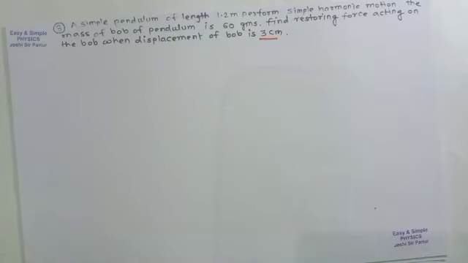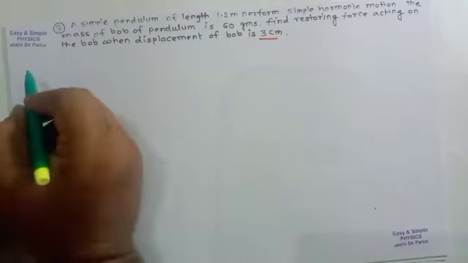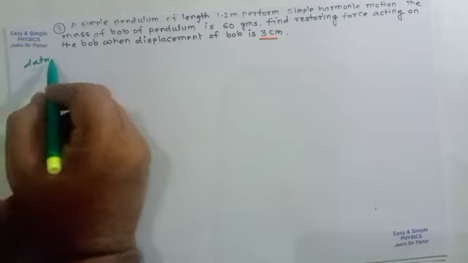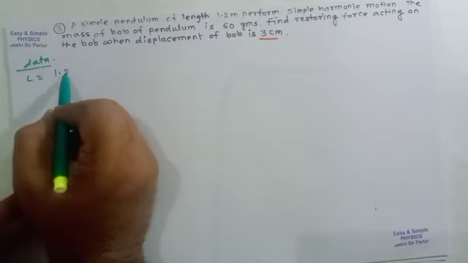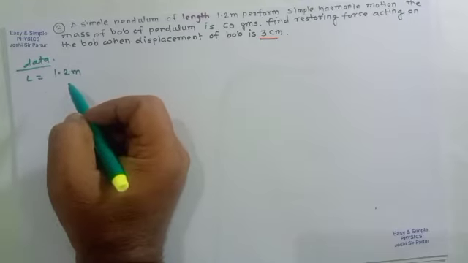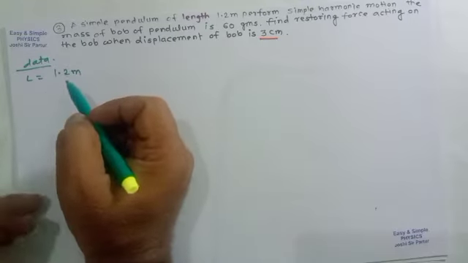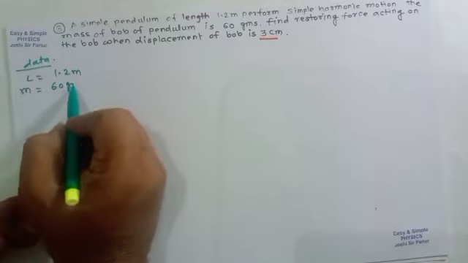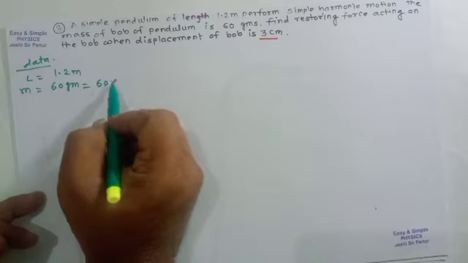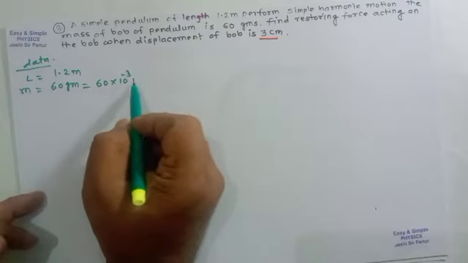In such numericals, we have to write the data. First of all, length is given as 1.2 meter. Again, mass of bob m is 60 gram, which is 60 into 10 to the power minus 3 kg.